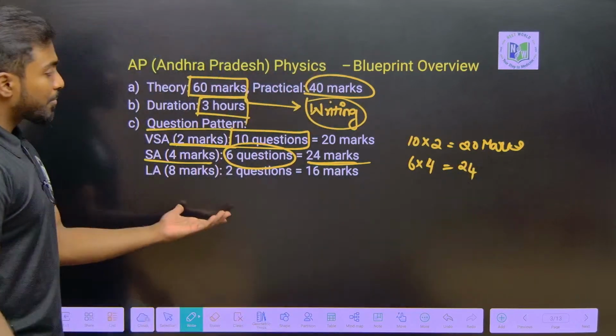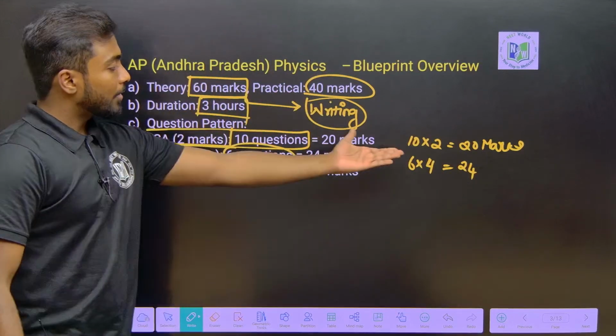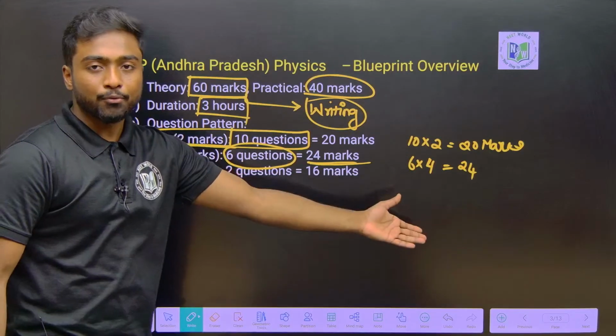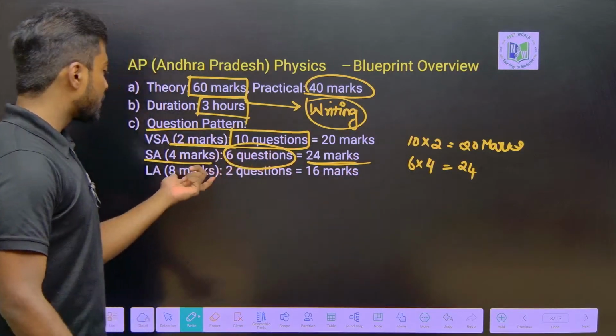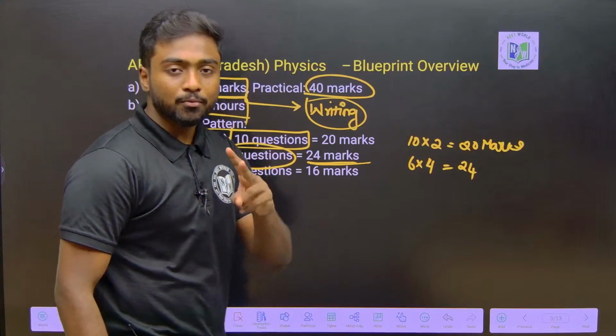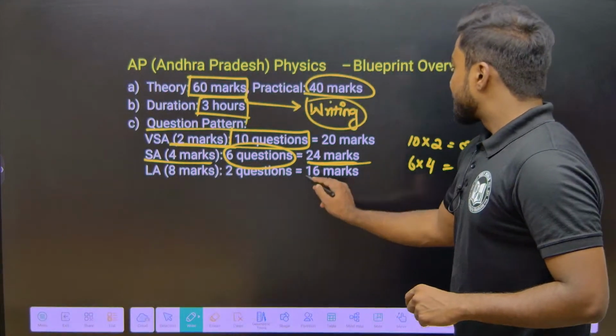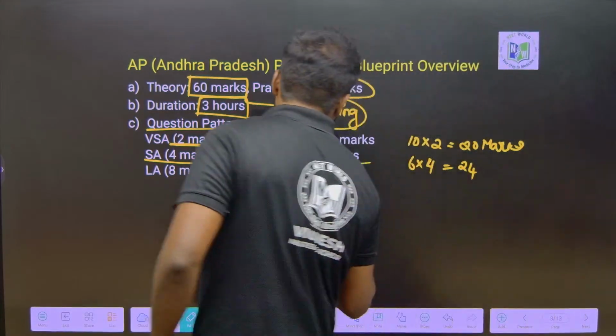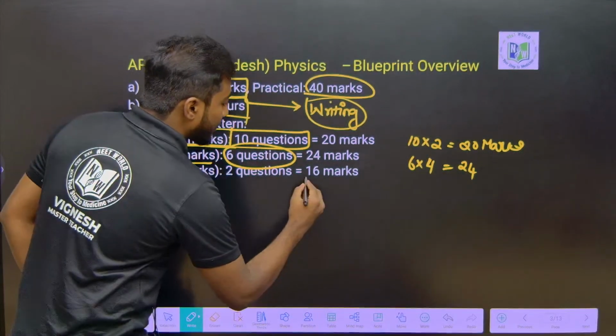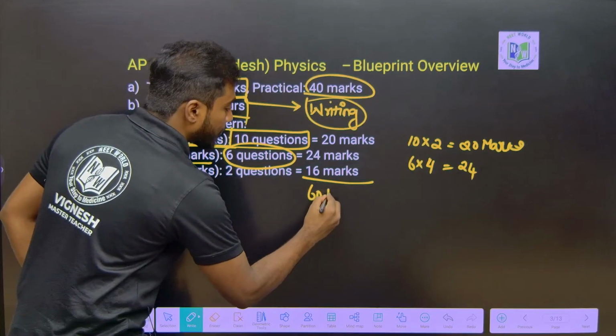Out of 60, we have covered 20 plus 24, 44, so the remaining 16 marks are long answer questions, that is 2 questions. So the total is 60 marks.